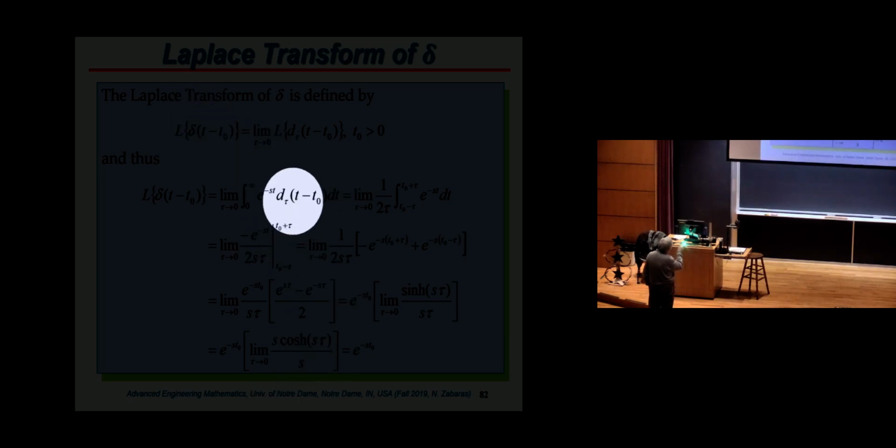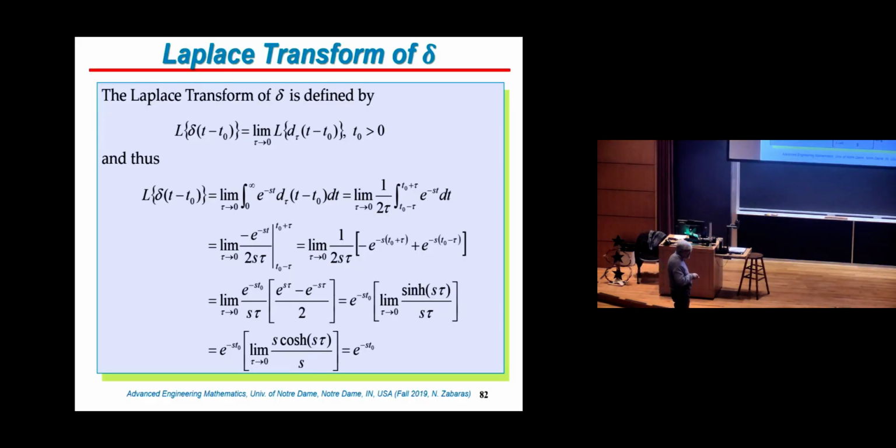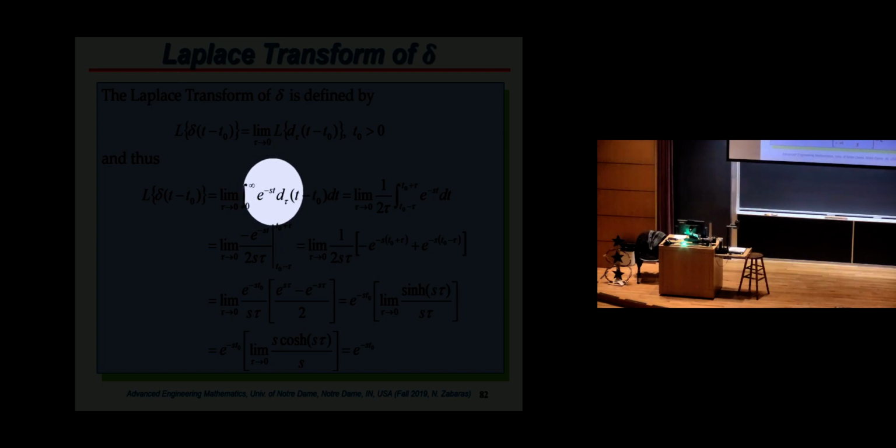If I put the delta function directly over there, you remember the delta function is everywhere 0 except at t0, all right? And there is something important here. When you convolve a delta function with any other function, what do you pick up at the end of the day when you do the integral? You pick up the value of the argument that you have here at t0. So what you're actually picking up is e to the minus s t0.